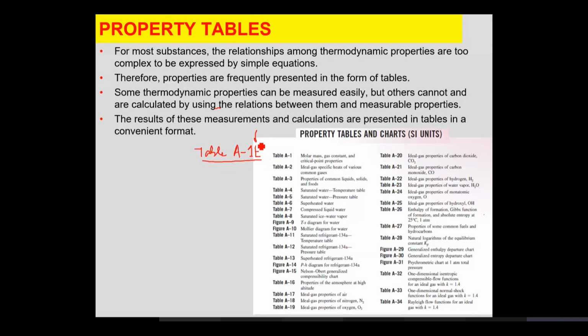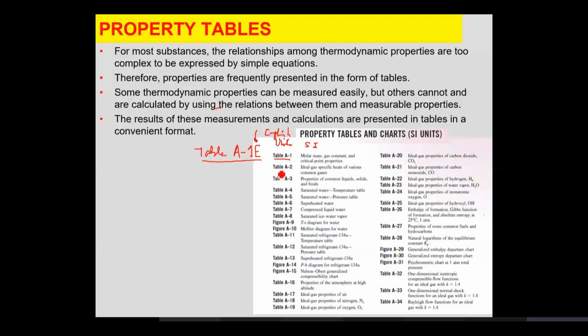Whenever you have the symbol E, this represents the English unit system. So you have the same table: tables without E are basically the SI unit based tables, and the tables having E at the end are based on the English unit system.